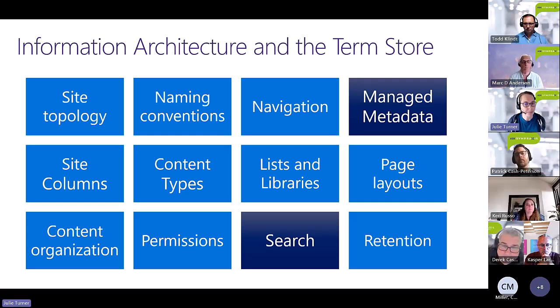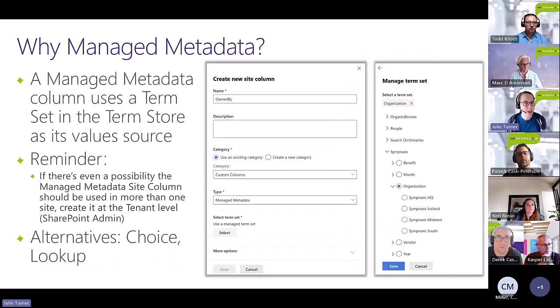All right, cool. So Derek, you're going to talk about why we might use it, right? Yeah, I'm going to talk about that as well as some of the benefits. So essentially, as Carrie was saying, a managed metadata column is how we use the term set. The term set obviously being where all the values are stored.